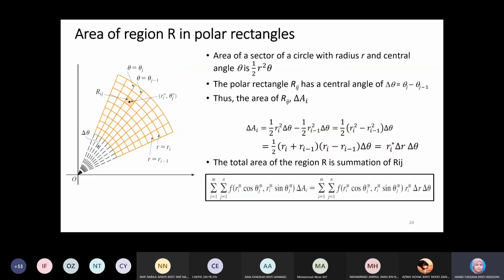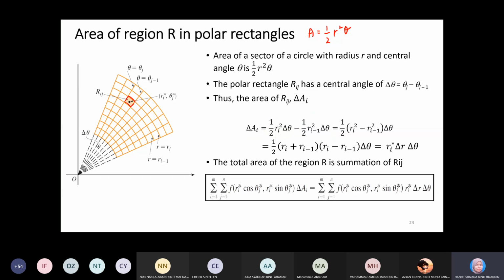Then the area of a sector of a circle of radius r and central angle theta, as you already know from previously, is 1 over 2 r squared theta. The polar rectangle Rij has this central angle, and thus the area delta Ai is the area of this sector minus the area of this sector.